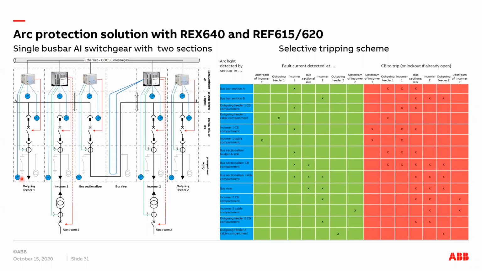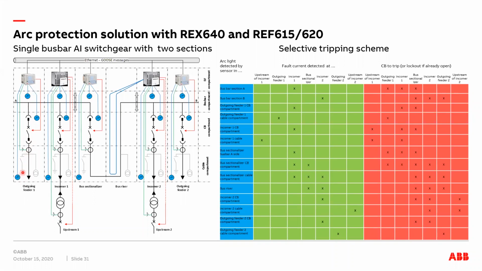Relion 615 relays can use lens sensors, and of those 3 sensors that you can have in 615 relays, you can put 1 in the busbar compartment, 1 in the circuit breaker compartment, and 1 in the outgoing feeder compartment.